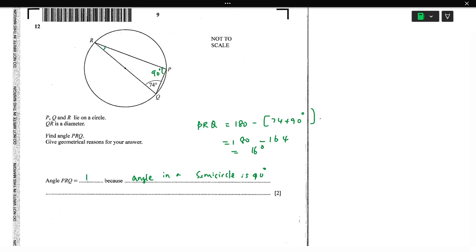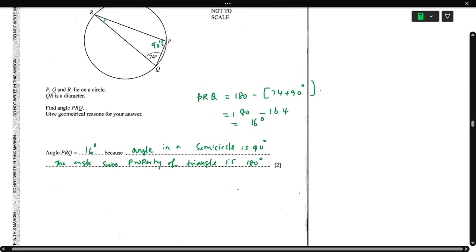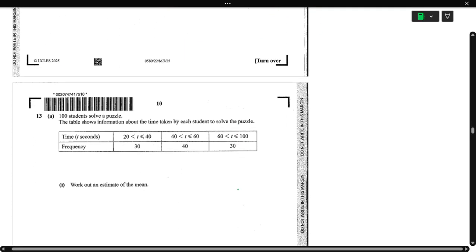So the answer is 16 degrees, but the reason is the angle sum property of a triangle is 180 degrees. So when you add up all three angles it equals 180 degrees. So two reasons we are using. So I wrote the two reasons here.